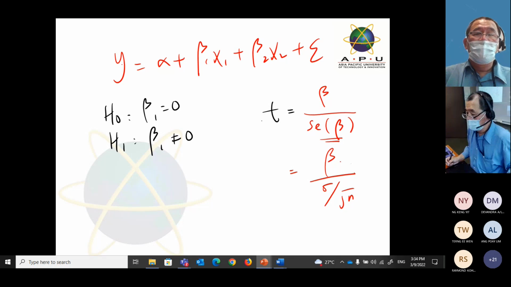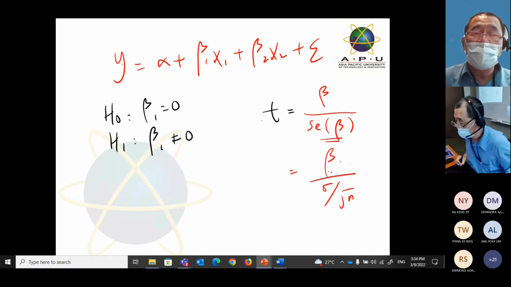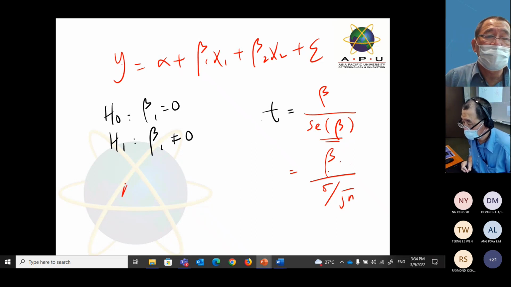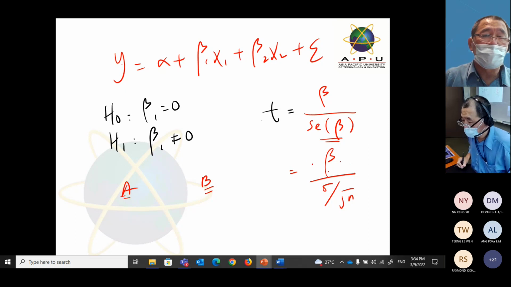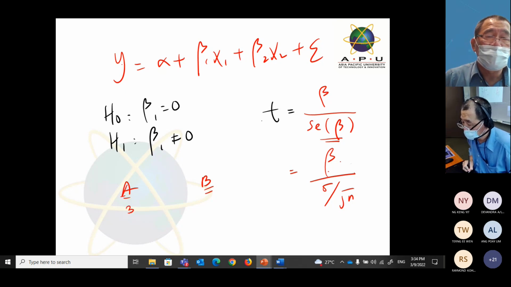Now we see an example, case A and case B. In case A, the same beta, let's say beta is 3, sigma is 5, and the square root of 100.